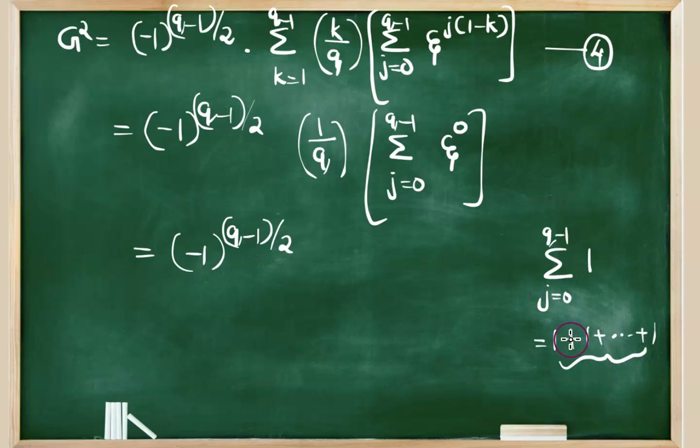Since the variation of j is from 0 to q minus 1, there are q values of j. So, we need to add this q times. So, the sum will be equal to q.